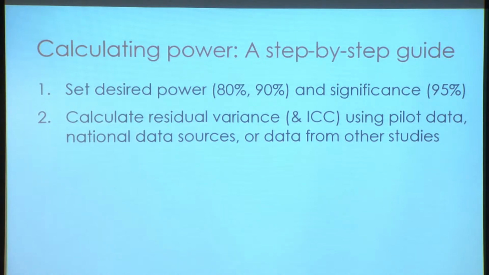So we usually use data from other studies or national data sources. And we calculate variance of the outcome of interest and intra-cluster correlation if we're doing a clustered design. Okay, so you just take this data, put the numbers into Stata or R, and it spits out variance and ICC.